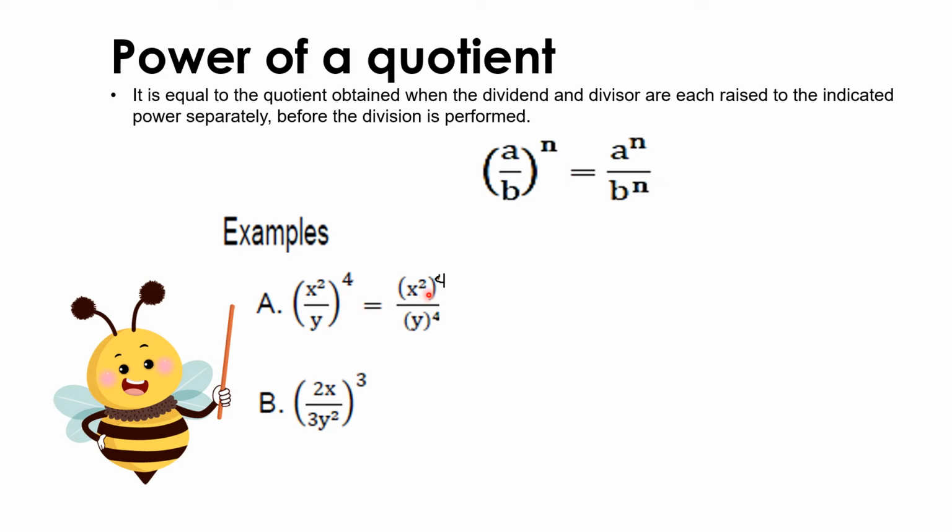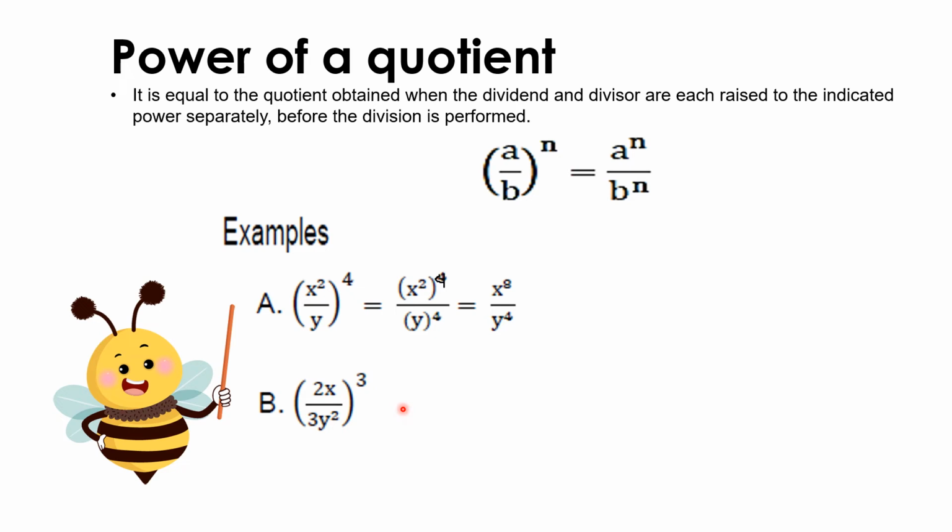So we have x raised to 2 raised to 4 over y raised to 4. Applying again the power of a power law, we copy the base x, multiplied by 2 times 4, so we have 8, all over y, which is raised to 1, so that is 1 times 4. So we have y raised to 4. Our final answer is x raised to 8 over y raised to 4.